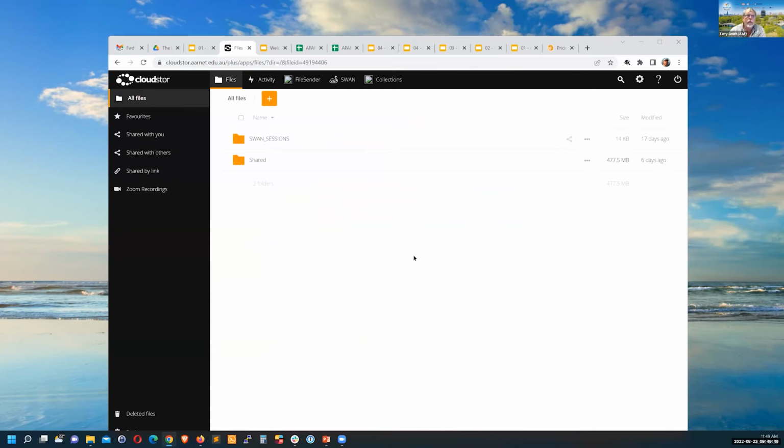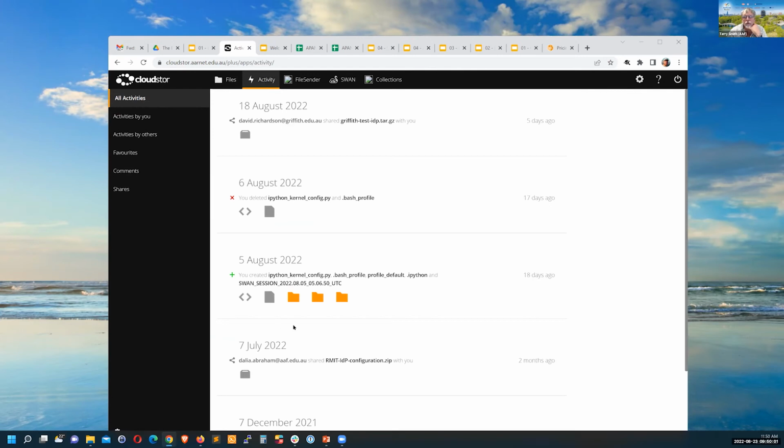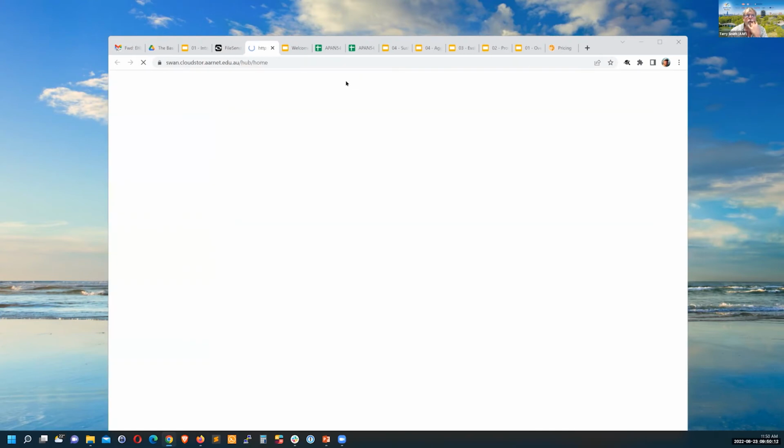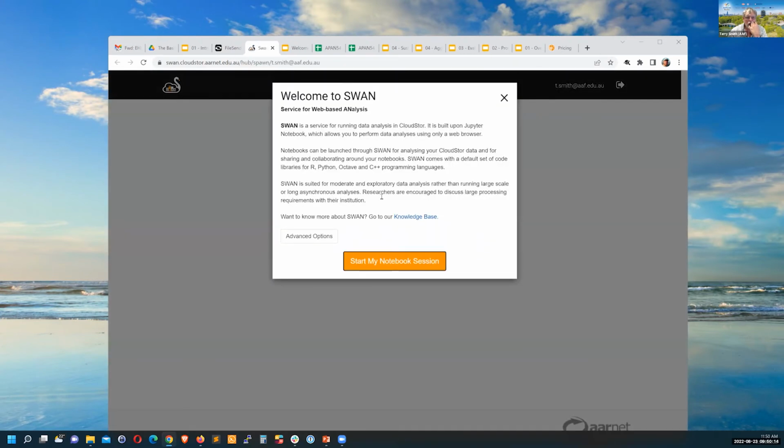And in here we can see I now have access to this particular service. I've got my file space, I've got activities, so this is my history. I can use this thing called File Sender to send files to people outside of Cloud Store. I can use this thing called Swan, and it will start a notebook for me.